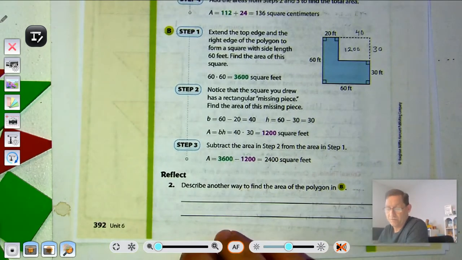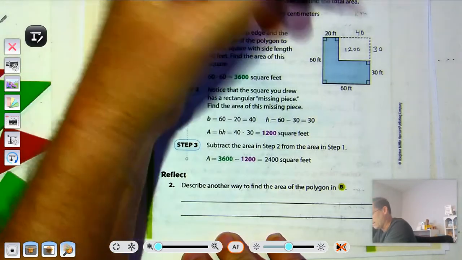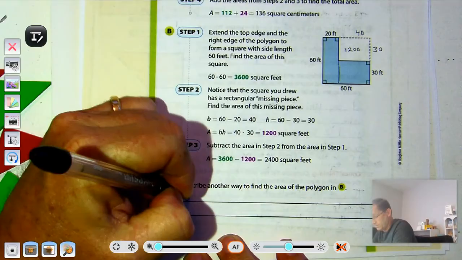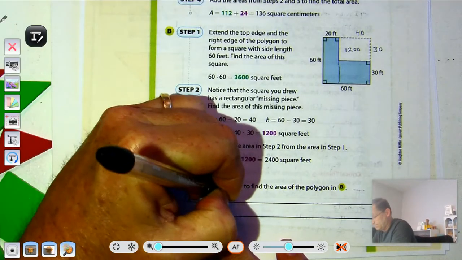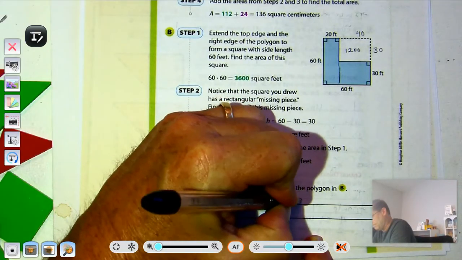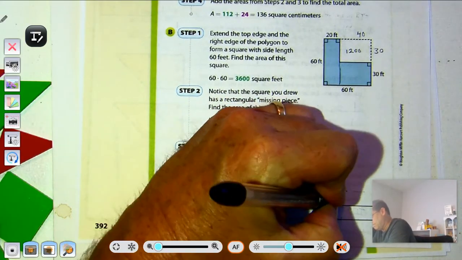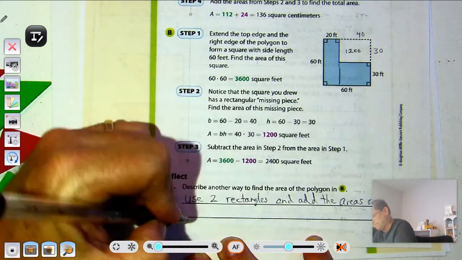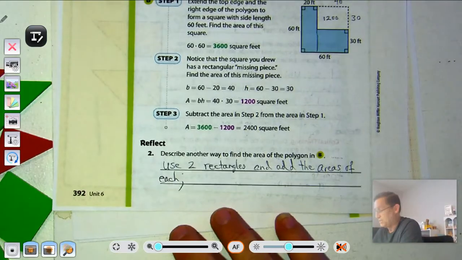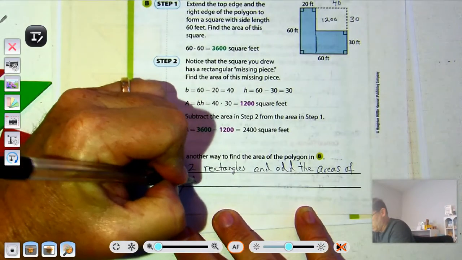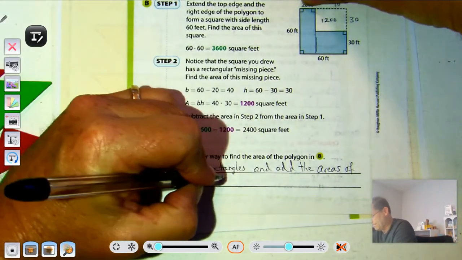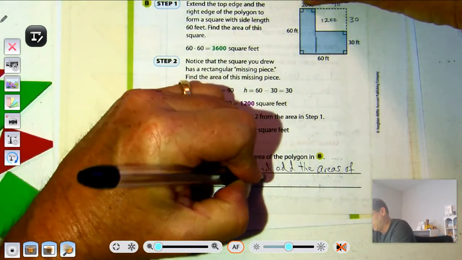What's another way we could solve that? Well, we could break it into two rectangles, right? So we could use the two rectangles and add the areas of each. Rectangle 1 would be 60 times 20, which equals 1,200.